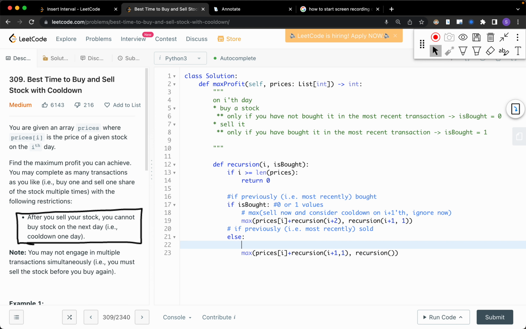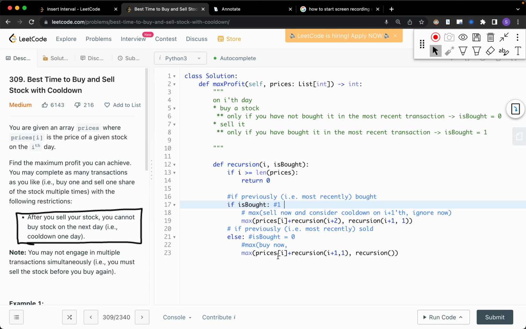And similarly, this is the case of buy now, max of buy now, and we don't need to consider any cooldown on the I plus 1th day, so we can completely do the recursion call on I plus 1 by updating the isbot from 0. Here it would be 0, right? Isbot is equal to 0, and here it would be 1.